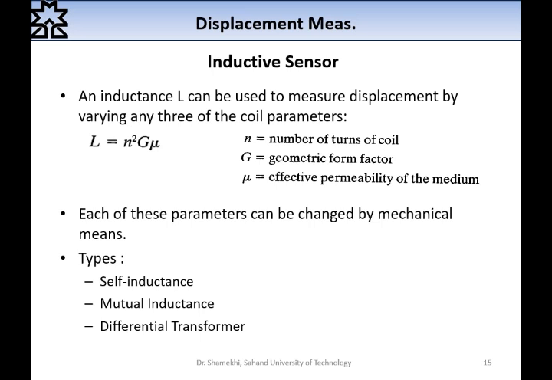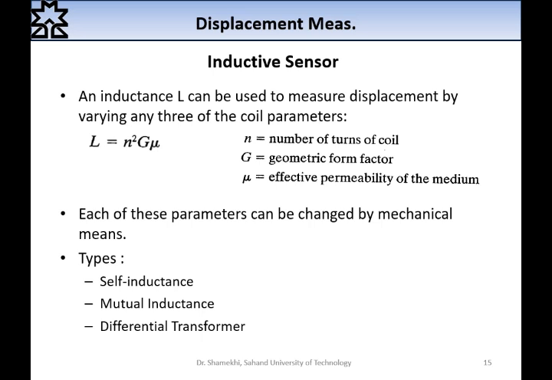Another type of displacement measuring sensors is the inductive sensor. And like the resistive sensor, we need an equation. A specific equation should be used to build an exact and predictable sensor.